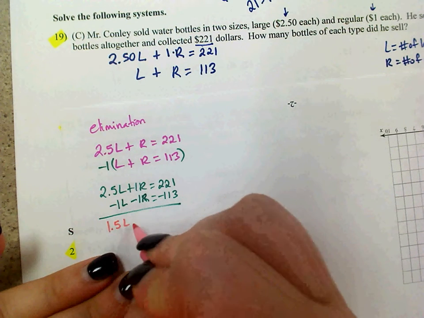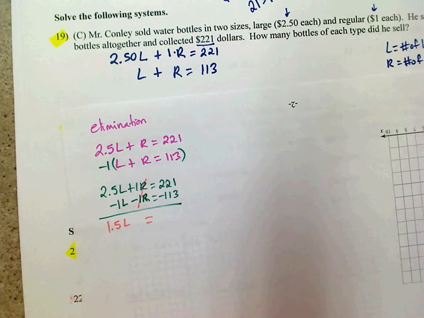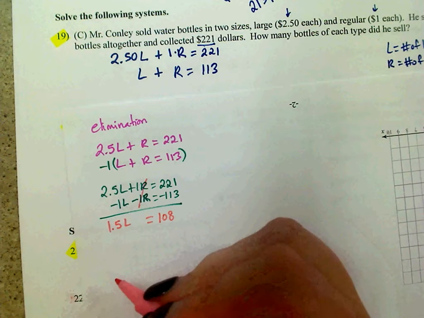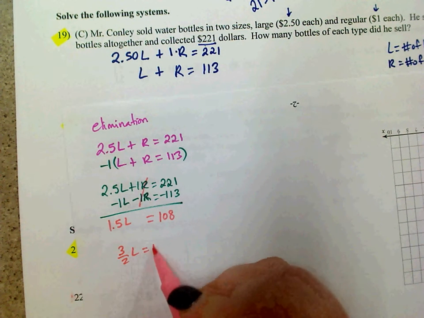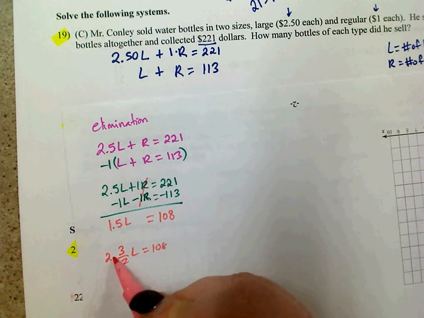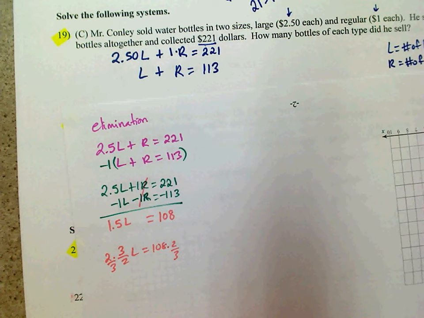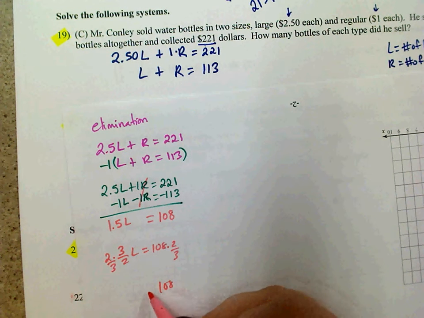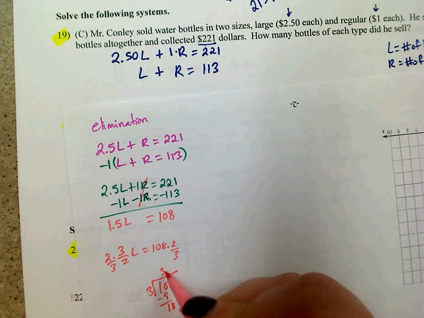The R's go away, and 221 minus 113 is 108. So 3/2 L equals 108, and I multiply by 2/3. 108 divided by 3 is 36, and 36 times 2 is 72.